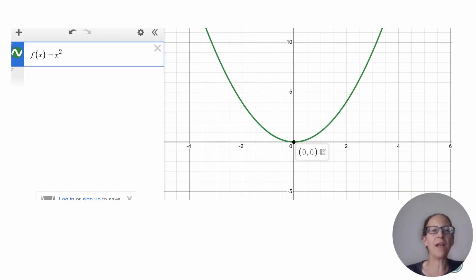All right, on the next slide, we have the Desmos version of that. So you can plug in f of x equals x squared, and Desmos will have the function show up. And you should probably be able to see it. So here's the point 1, 1 right here. Here's 2, 4. And I think we should be able to see 3, 9.